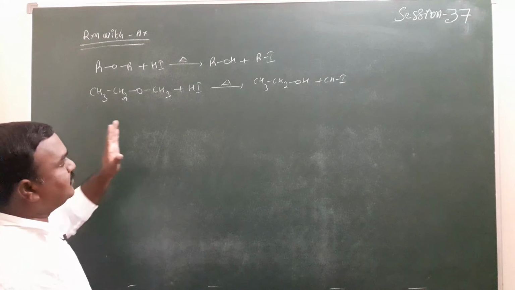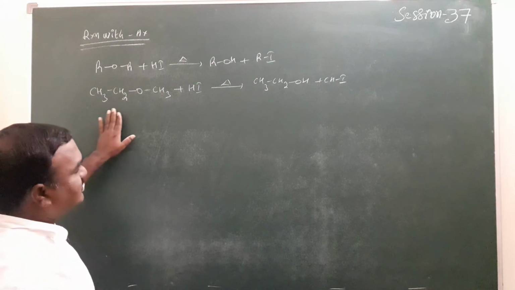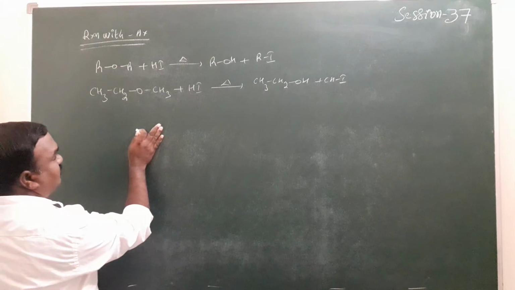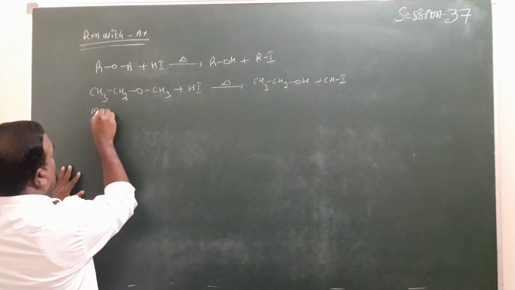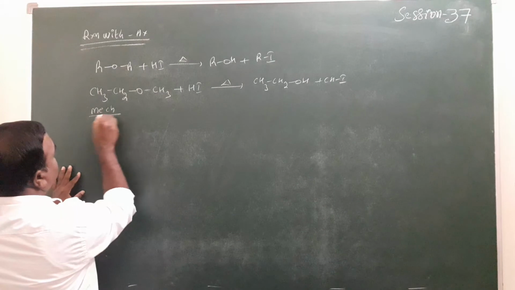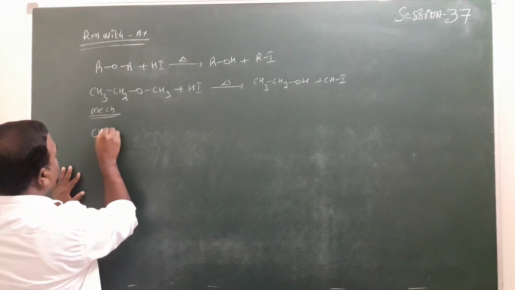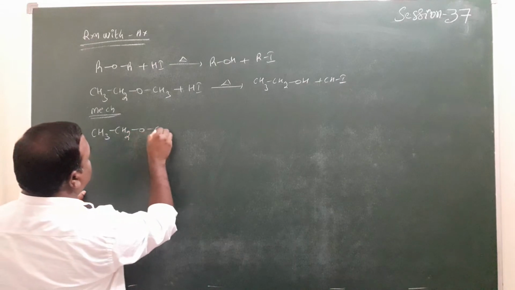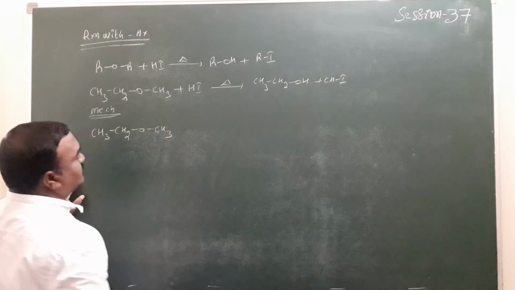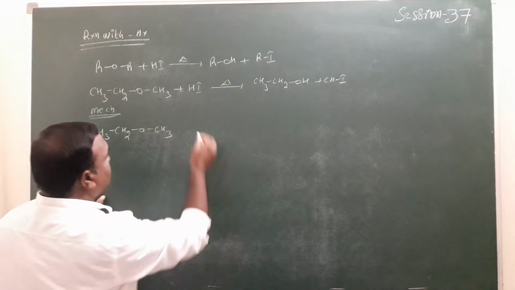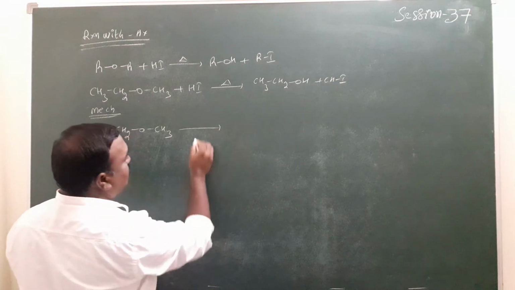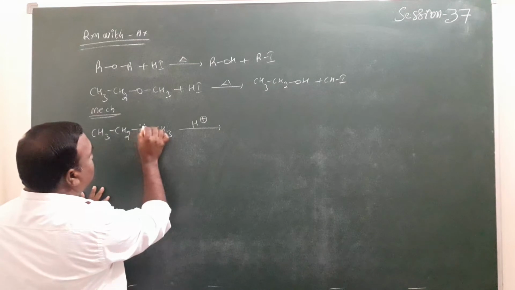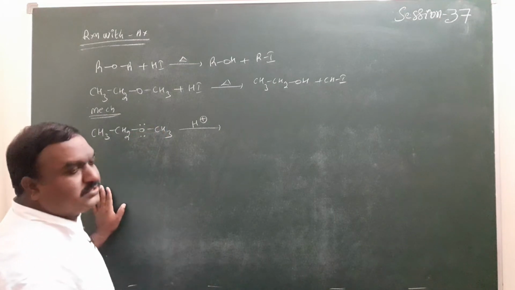So how is the product formed? We will see right now. If you write the mechanism, we get the products. The mechanism of this reaction: here CH3, CH2, CH3 is given, with HI, H plus and I minus. The ether is carrying 2 lone pairs.